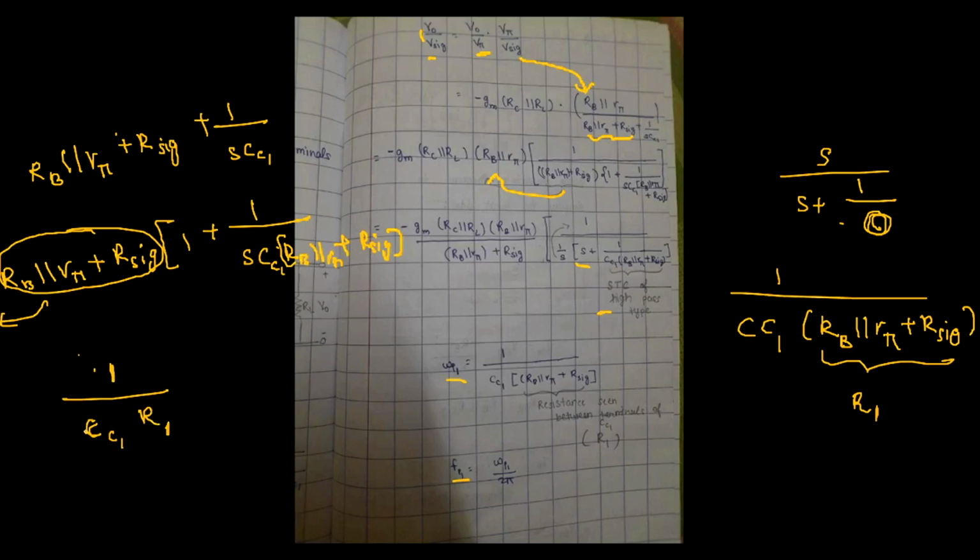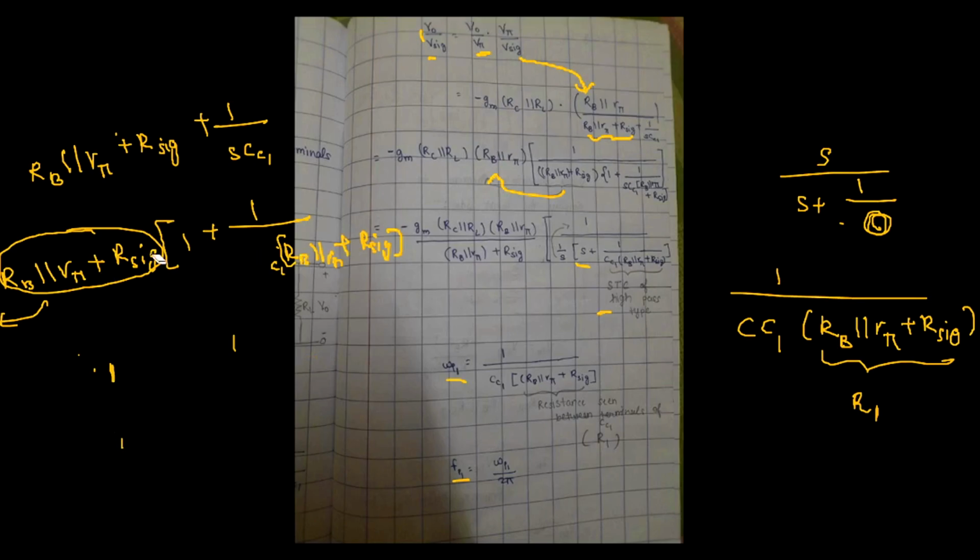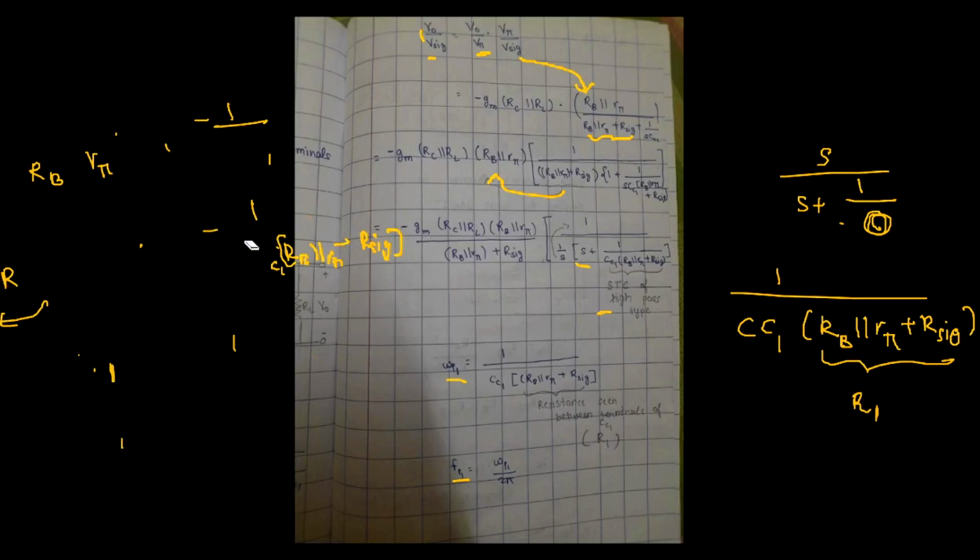So the total resistance that is actually going to be here will be given by 1 divided by, we'll actually just do this part later on because we'll need to know all three capacitances for this.